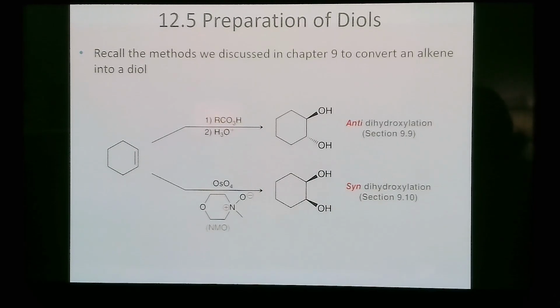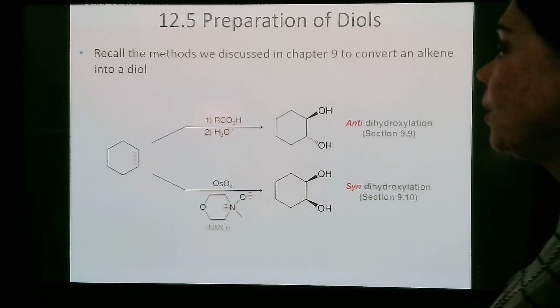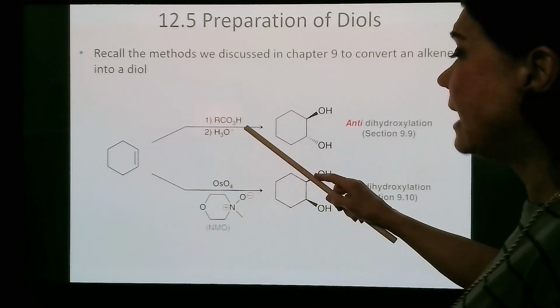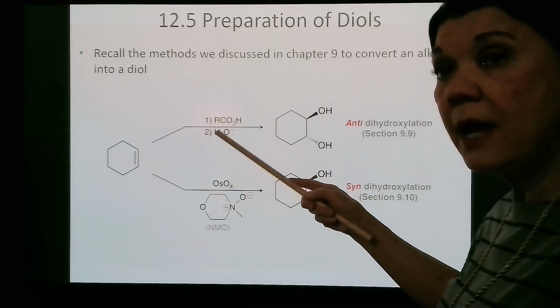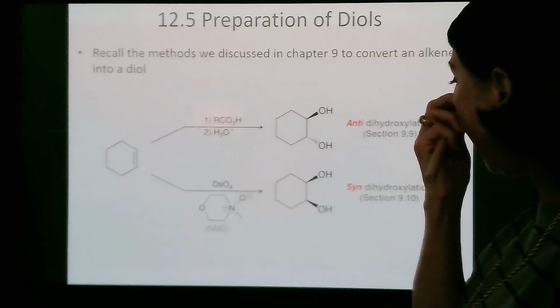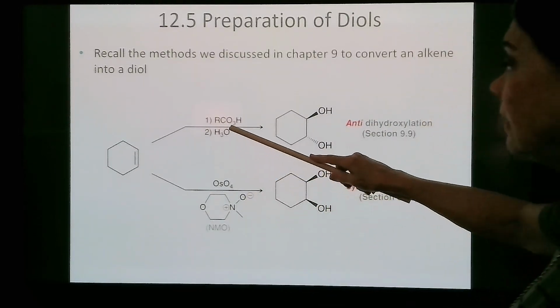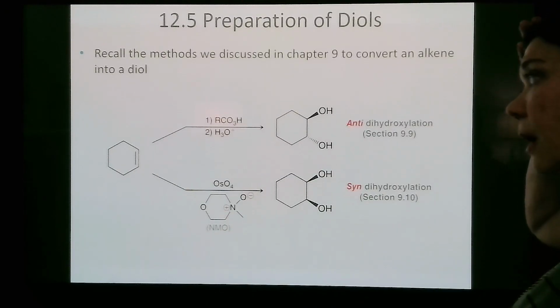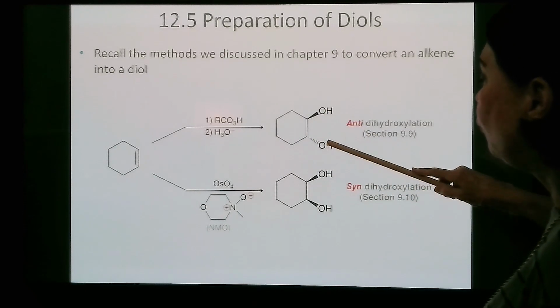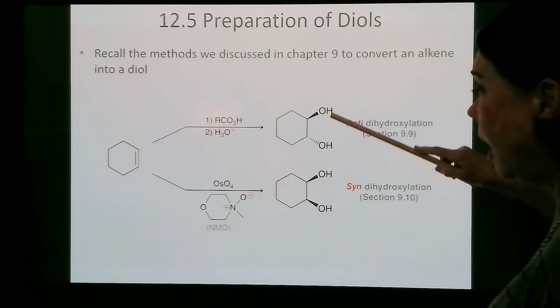Remember that we have already had 2 syntheses of diols. One is from the peracids, such as MCPBA, metachloroperbenzoic acid, followed by dilute acid, and that gives you the anti-diol.